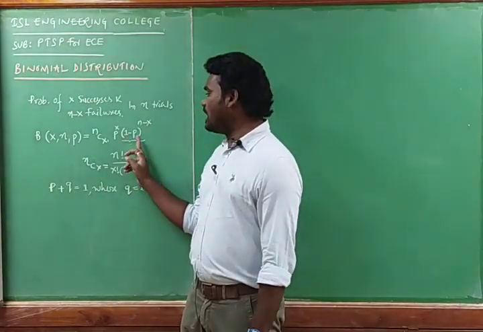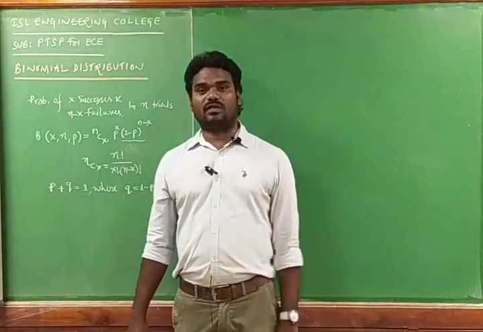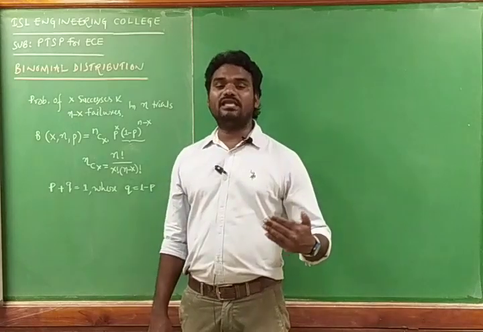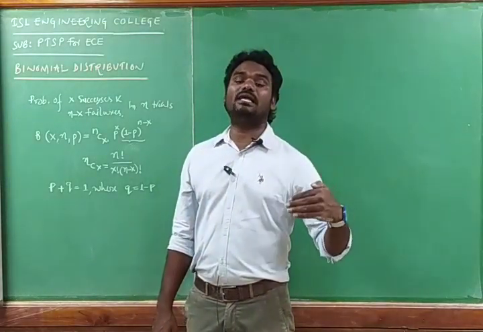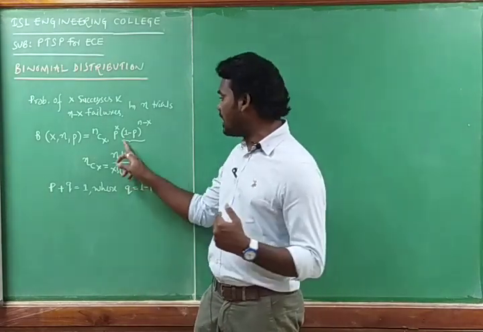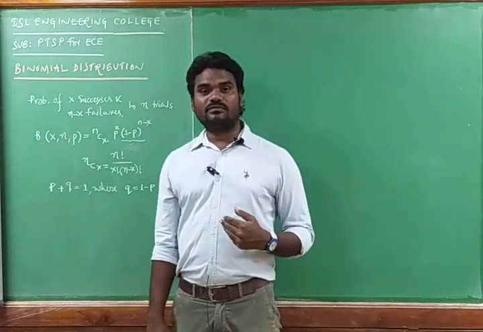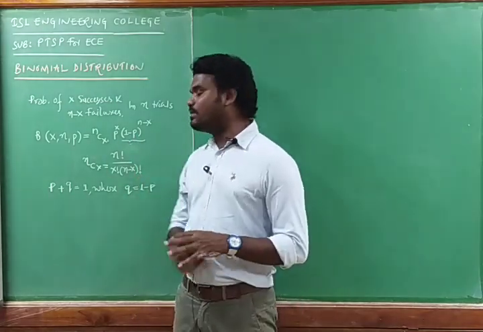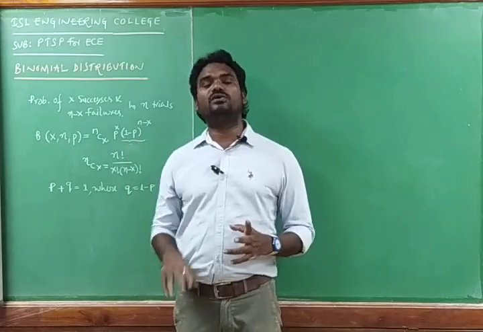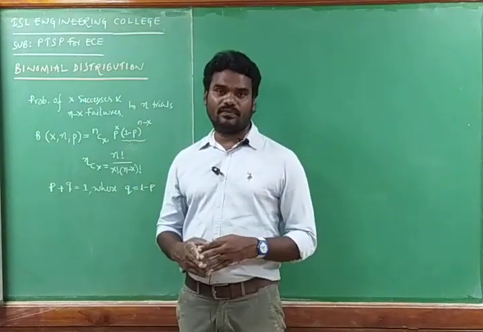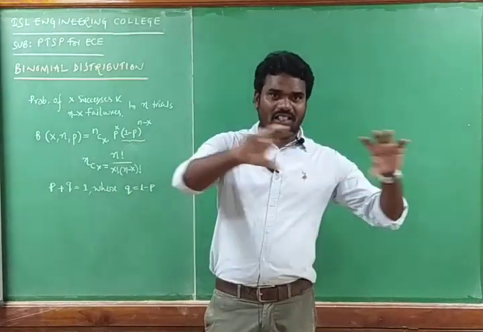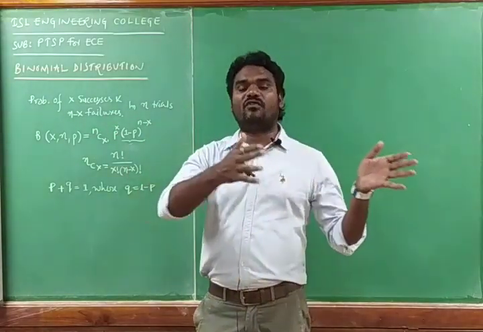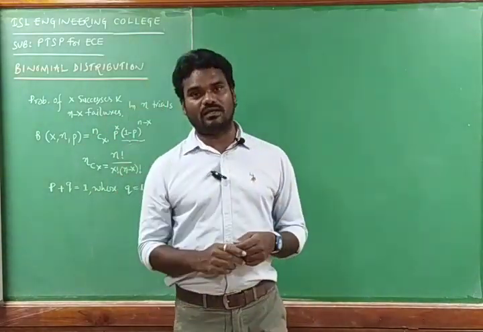1 minus p is the probability of getting the failure, and 1 minus p can be replaced by q. q is equal to 1 minus p. The sum of the probabilities of all the events will be equal to 1 only.